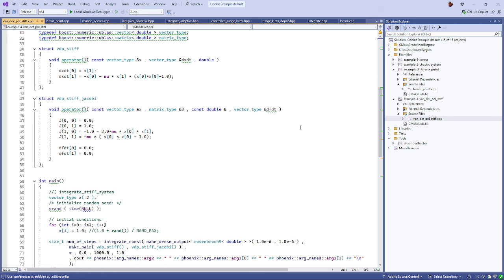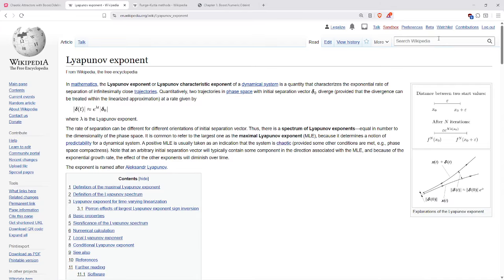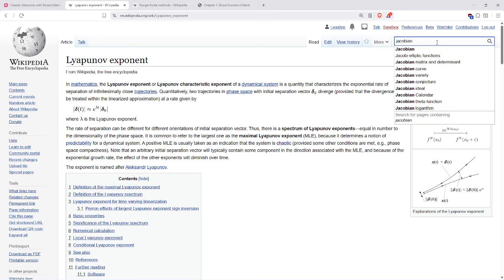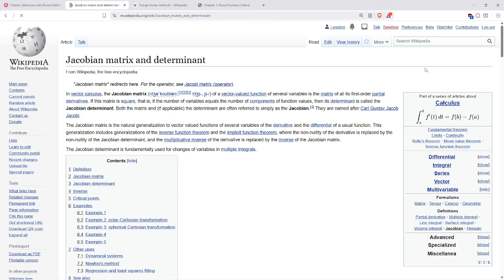Now, in mathematical terms, there's something called a Jacobian, and that is an alternate way of expressing the derivative of a set of ordinary differential equations. And again, rather than relying on my crappy memory, let's just go over here and look at a Jacobian. The Jacobian matrix of a vector-valued function of several variables is the matrix of all its first-order partial derivatives.